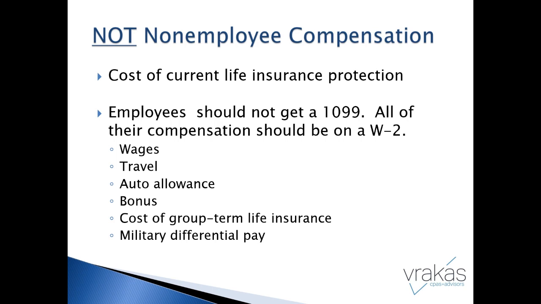Items that might not be reported on a 1099 because they are employee compensation: wages, bonuses, travel allowances, all employee types of things. Typically an employee will receive a W-2. Now, there are some instances where you might have an employee that receives a W-2 and a 1099 if what they're doing for you is not in their job duty.